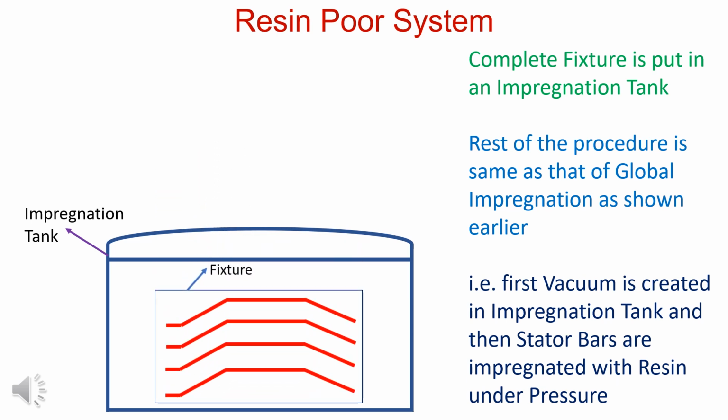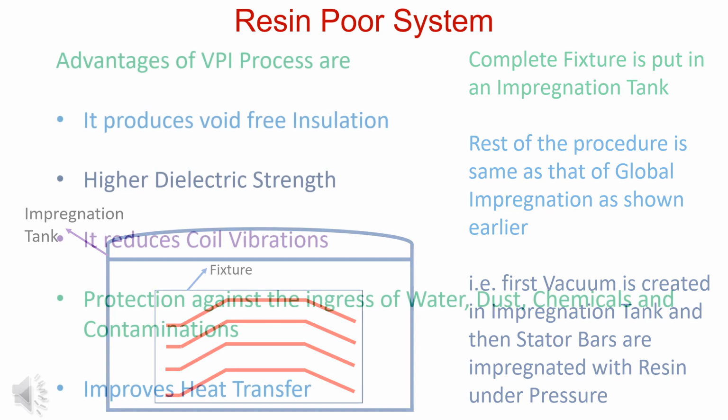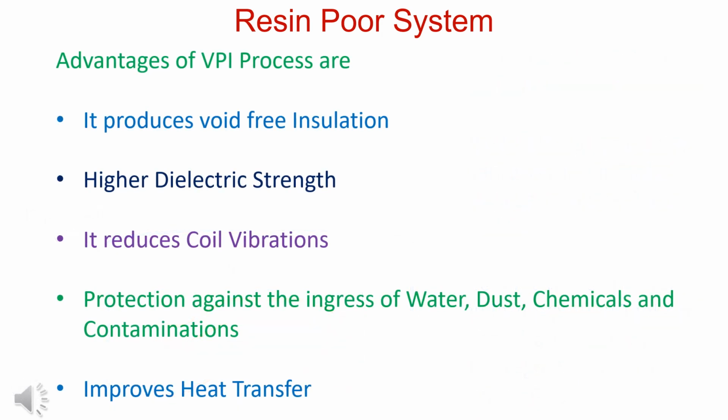The fixture is put in an impregnation tank. Rest of the procedure is same as described earlier. There are a number of advantages of resin-poor system. It produces void-free insulation, it has got higher dielectric strength, it reduces vibrations, it prevents ingress of foreign particles, and it improves heat transfer.